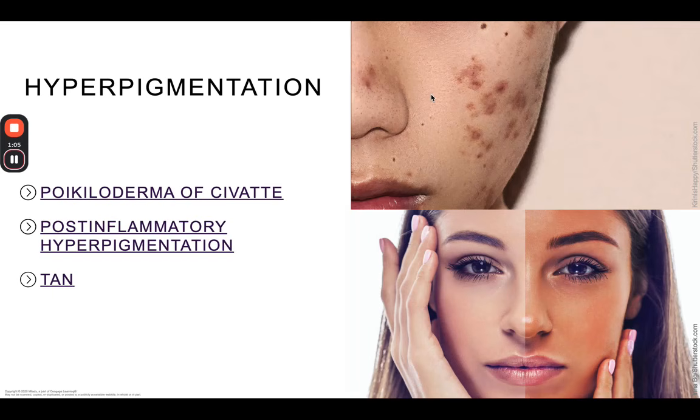That is our post-inflammatory hyperpigmentation. It can come after a burn, it can come after an acne breakout. It can appear on the skin if you do extractions incorrectly and you damage or create trauma to the skin. Okay.